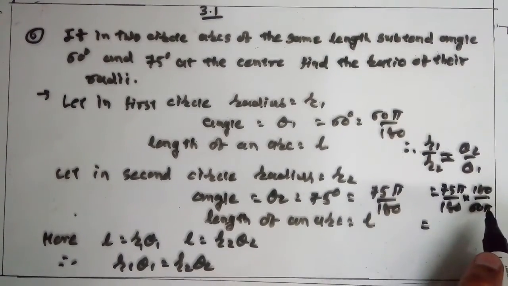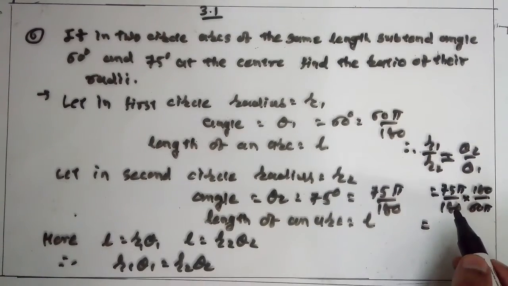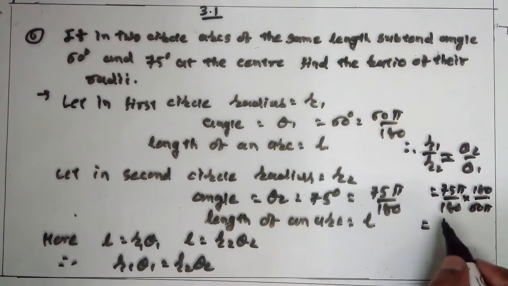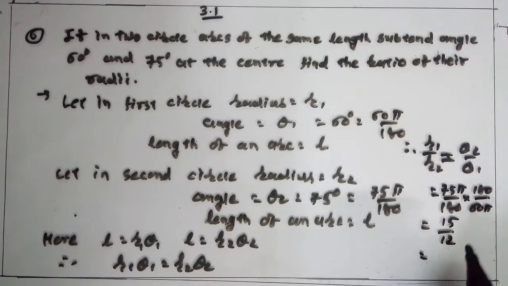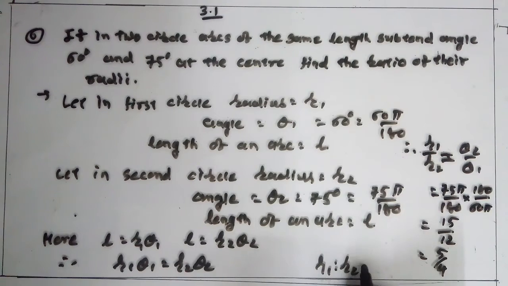Here pi cancels, 180 from both cancels, 75 upon 60. Now divide by 3, so we get 15 upon 12. So R1 ratio R2 is equal to 5 ratio 4. Clear?